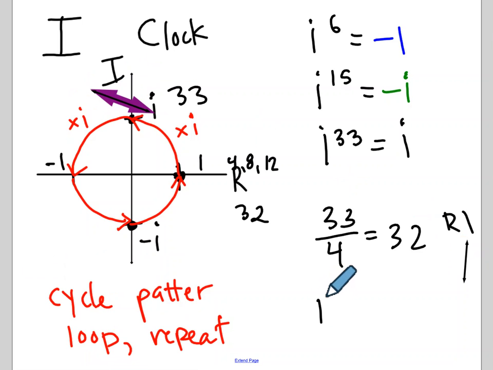So if I say I to the 201st, you're like, ooh, I can't count to 201. 201 divided by 4 is, ooh, big number, remainder 1. Oh, that must be equal to I also.